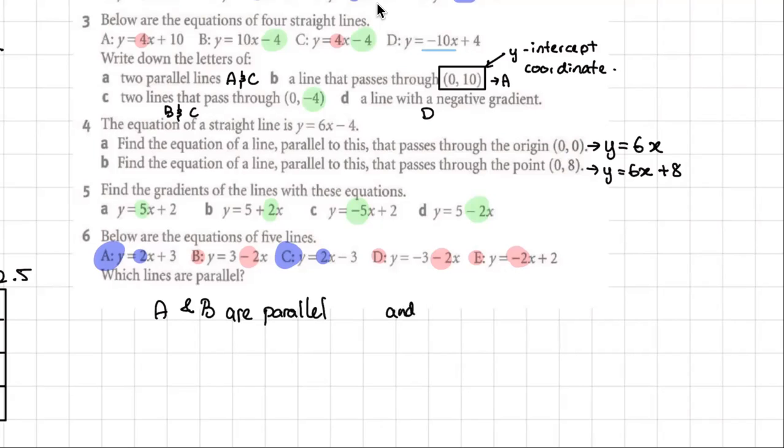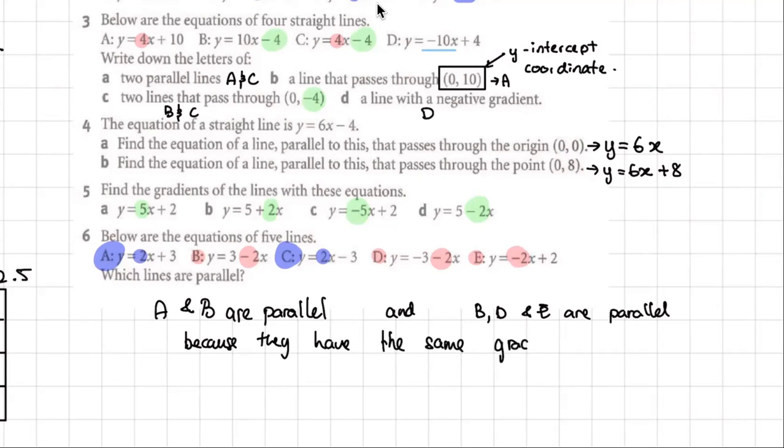And B, D, and E are parallel because they have the same gradient. And that's it.